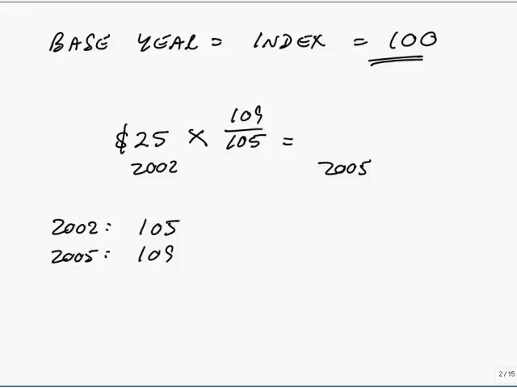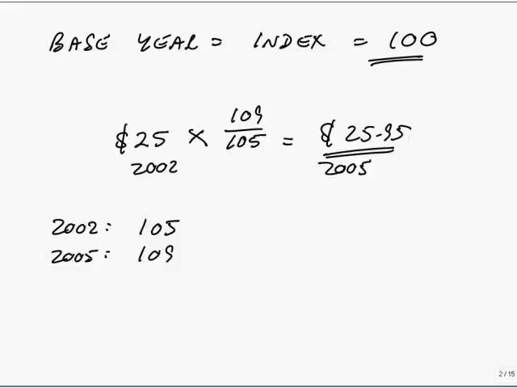I really think this is somewhere that shouldn't be just learning a rule, as I said a moment ago. Well, you all seem happy enough, so what's the answer? 109 divided by 105 times 25. Is it 25.95?